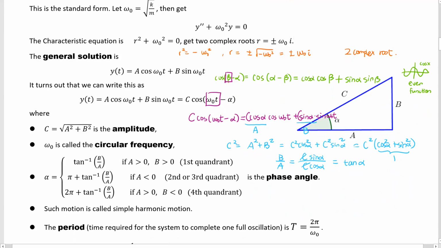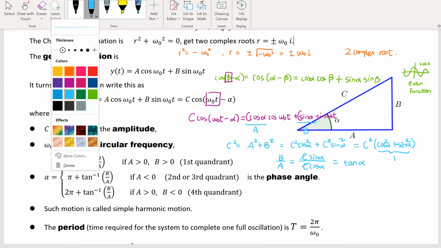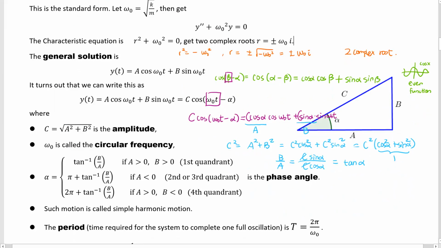So it depends on the picture. Let's plot the point A, B here. This is the first quadrant. If A and B are both positive, then alpha is between 0 and pi over 2, which is in the range of arctangent. So alpha is arctangent of B over A.